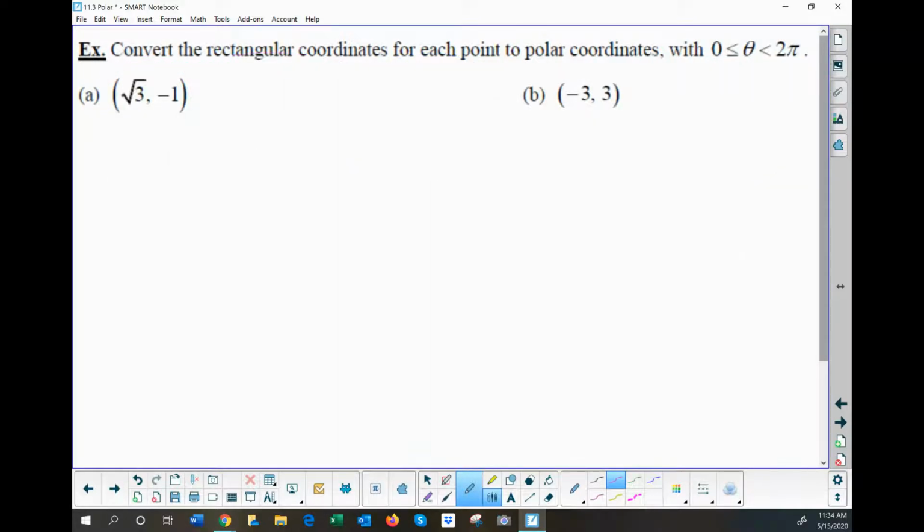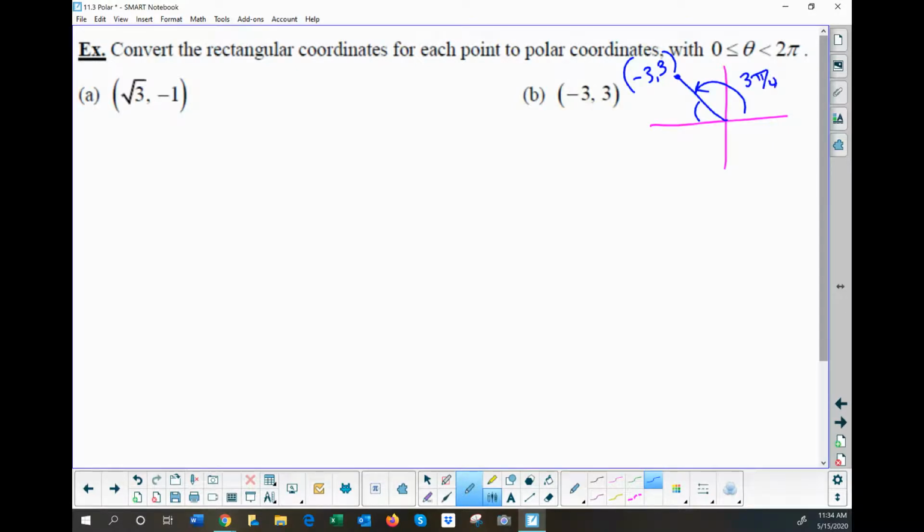All right, negative 3, 3. You might even be able to figure this one out. Let's just locate it. If it's at negative 3, 3, wouldn't it have to be a 45-degree angle there? So wouldn't this have to be 3 pi over 4?